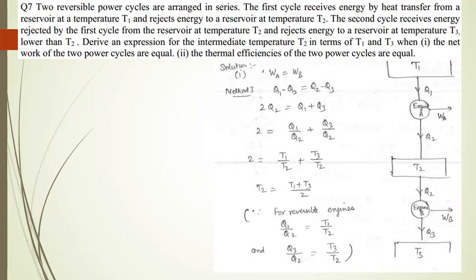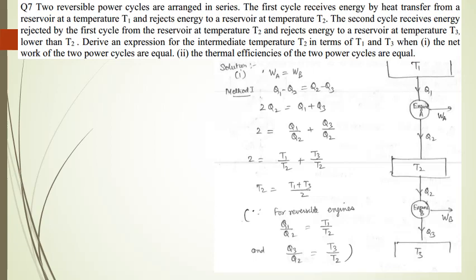Now, as in the first case, we have the condition of work A equal to work B. We can say Q1 minus Q2 is equal to Q2 minus Q3. Rearranging the terms, we get 2Q2 is equal to Q1 plus Q3. Now we divide both sides by Q2 and we get 2 is equal to Q1 upon Q2 plus Q3 upon Q2.